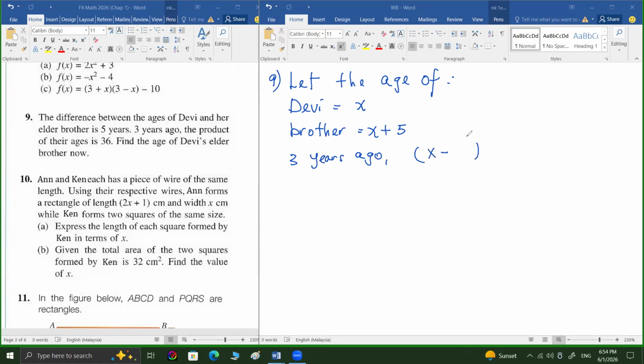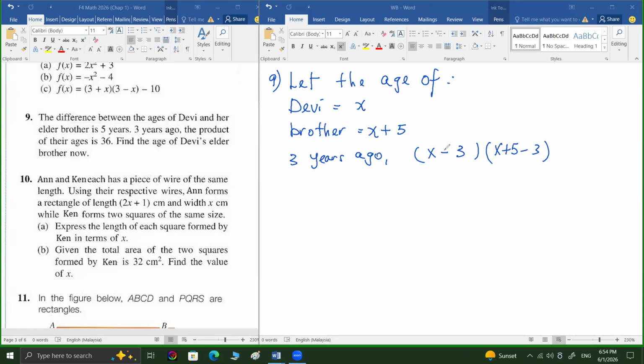Ago, not plus 3. 3 years ago, is it x minus 3? Your age minus 3, right? How can it be 3 years ago you're 18, now you're 16? Okay. What about the brother? Minus 3 also, right? Davy's brother is also minus 3, right?